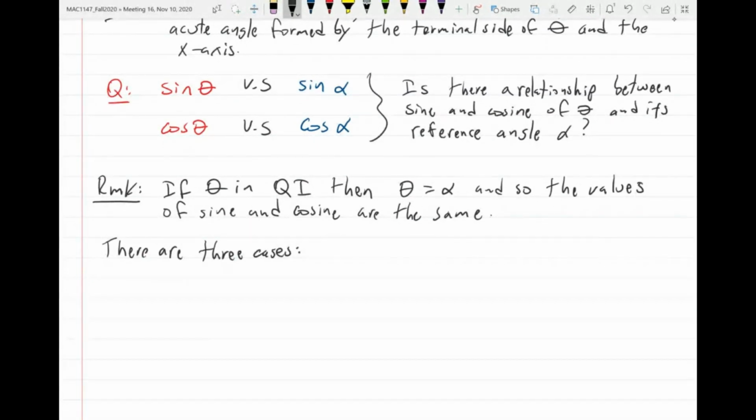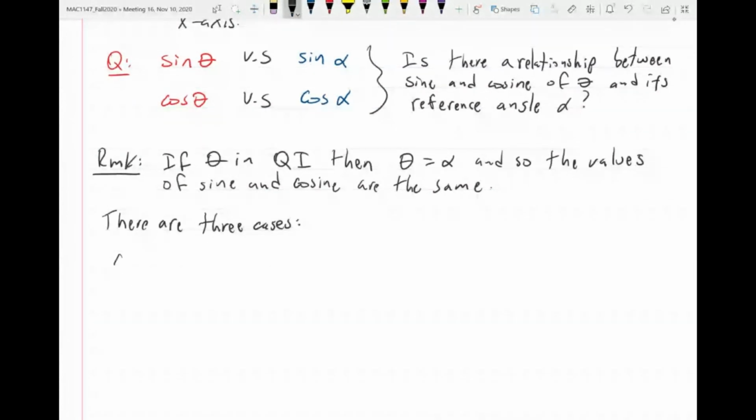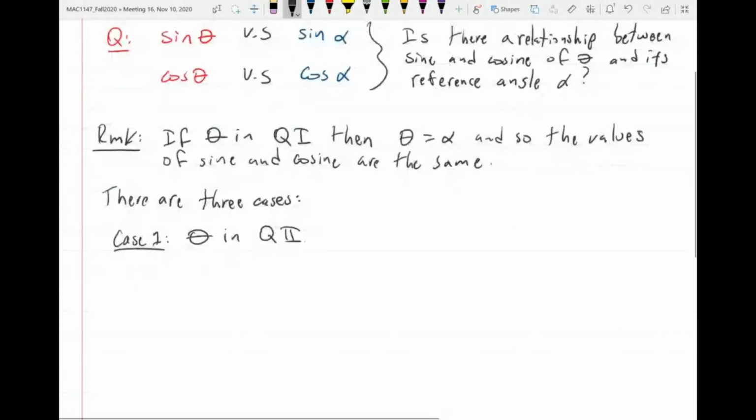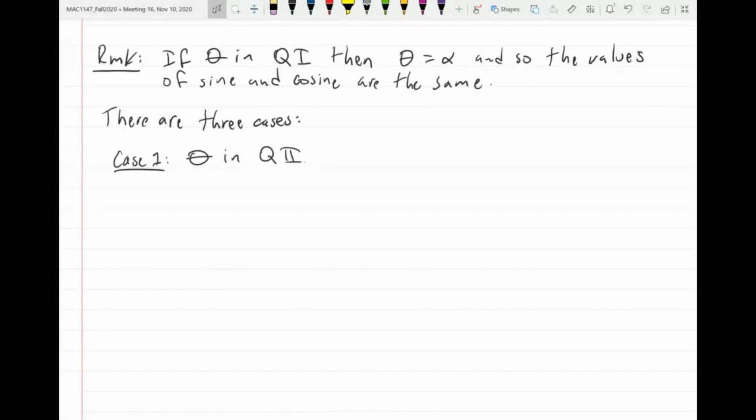So 3 cases. Case number 1, let's look at theta in quadrant 2. And let's draw a little picture just to understand what's going on. So if theta is in quadrant 2, then it's going to look like this. So we have here the terminal side, and this is theta. Okay, it's an angle in quadrant 2.